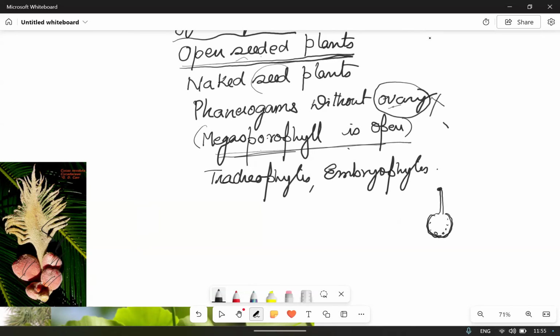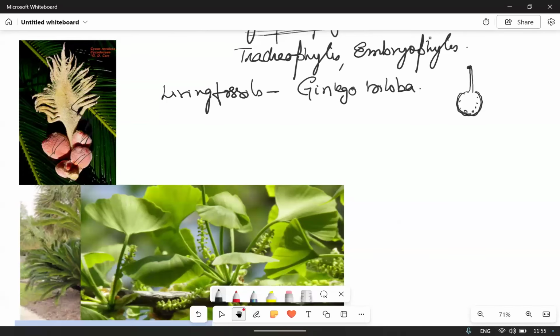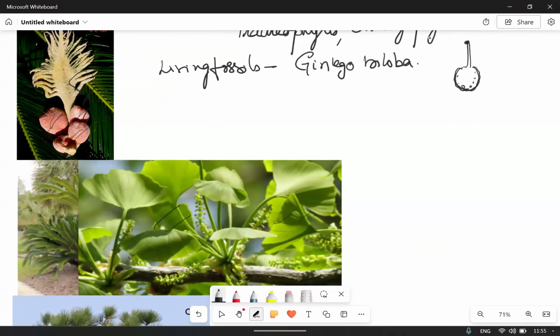Okay. So what are the living fossils here? Living fossils of gymnosperms. Ginkgo biloba.